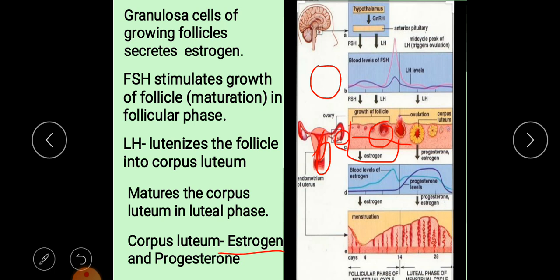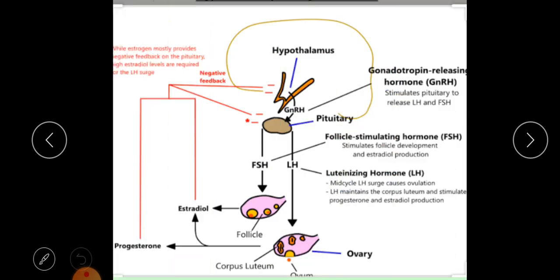Okay. And what estrogen also does is give feedback to the hypothalamus, that is the positive feedback. Here you can see how the positive and negative feedbacks are observed.